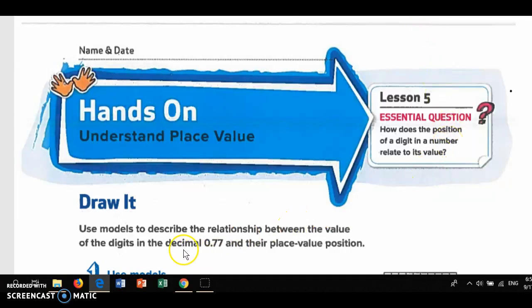If we want to find out what this is, remember, 77 goes at the top. It is the numerator, and the denominator is 100. How do I know? I have 2 digits after the decimal point. So I have to put 2 zeros. And there is my fraction.